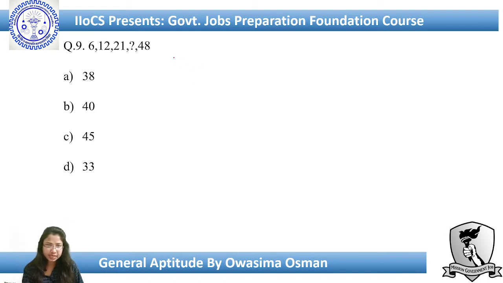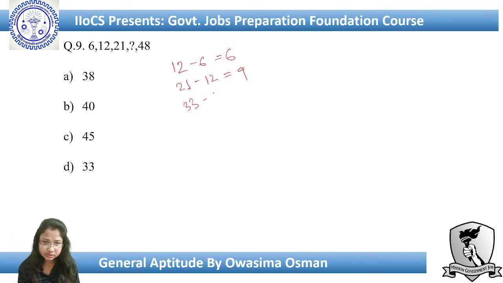If we subtract the previous term from the next term, 12 minus 6 will be 6, and again 21 minus 12, we will get 9, and 33 minus 21, we will get 12.